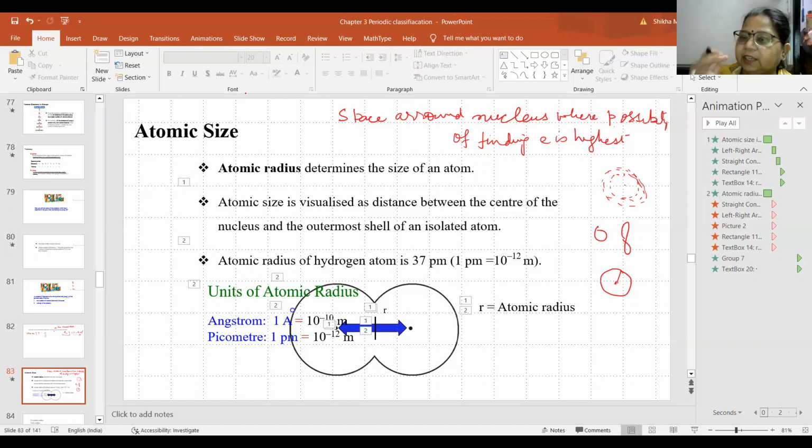So we just say that size of atom can only be an approximation, right? And the distance which it is covering will be giving the shape of orbital. So atomic size has to be determined by atomic radius. That is first thing. The second thing, it cannot be very concrete.